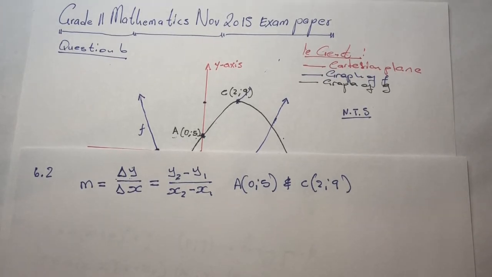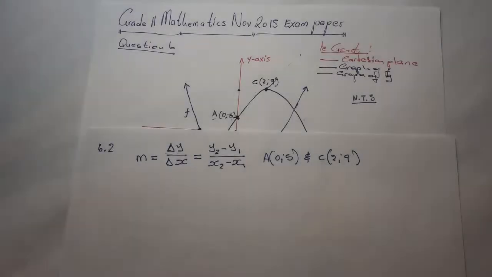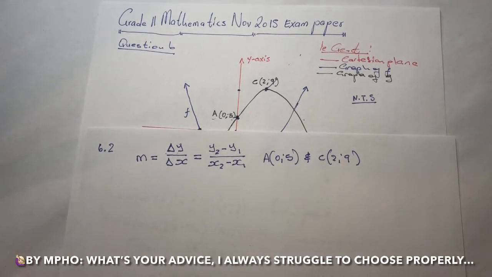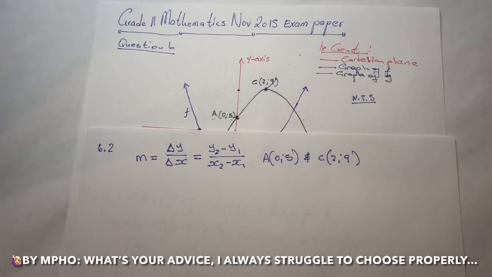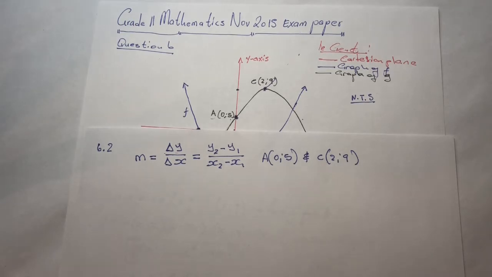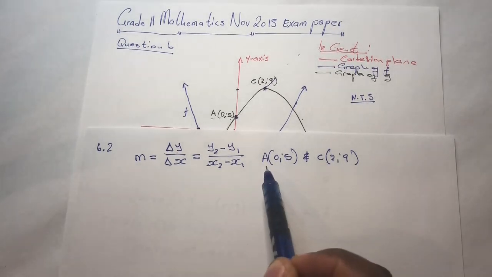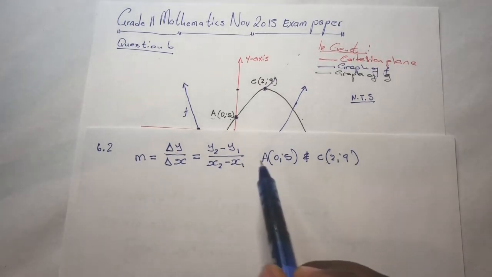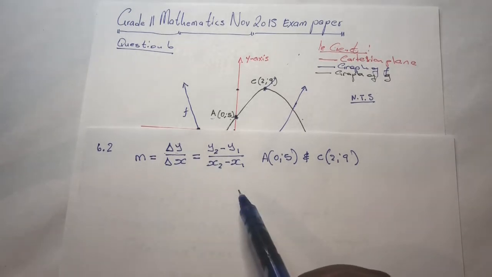So from here, you just need to decide which values you take as the second values and which values you take as the first values. So it's up to you whether to take the coordinates of A as x2, y2.